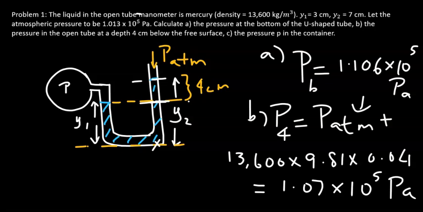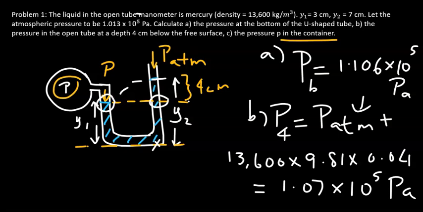Part C, the pressure P in the container. So what is this value P here? Whatever that pressure P is, that is the pressure that is pushing on the surface of this mercury on the left arm. So what is that pressure P? Now this point and that point are at the same level.